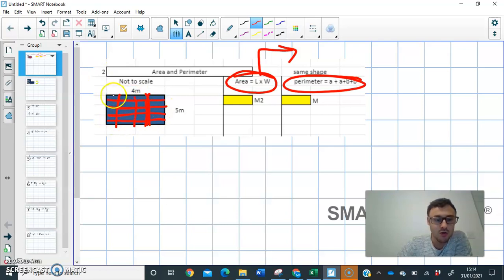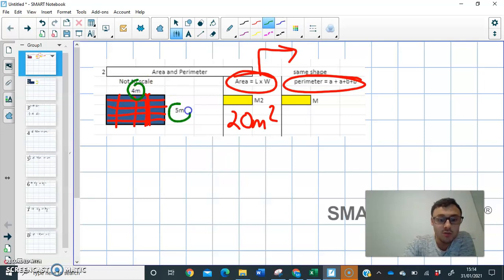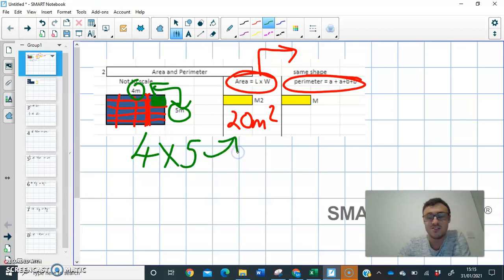Okay, which means I've got 5, 10, 15, 20 different squares inside there, which means my area is 20 meters squared. In other words, I've done 4 times 5. And remember that in this little cross section here where there's a right angle where it's perpendicular, we have multiplied those sides together. So to find the area, I do 4 times by 5, which is 20 meters squared.